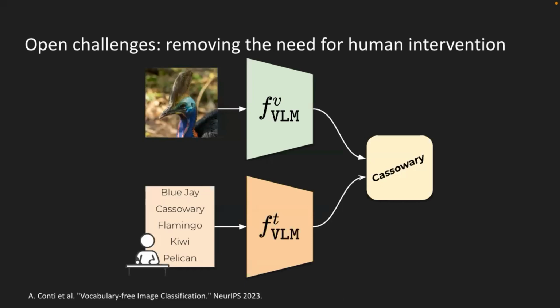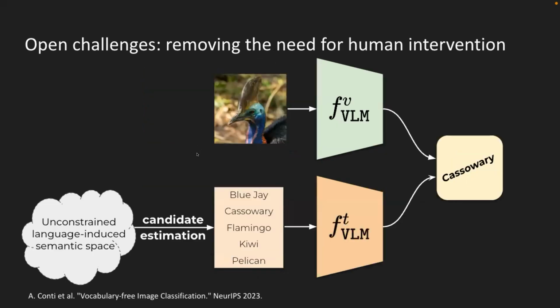Another thing that Zsolt also mentioned is what we have as output space as target. This is a work that tries to avoid that by having this vocabulary-free space, where you don't assume that a human gave you the target labels, but rather you have a more unconstrained scenario where you take the labels by yourself.